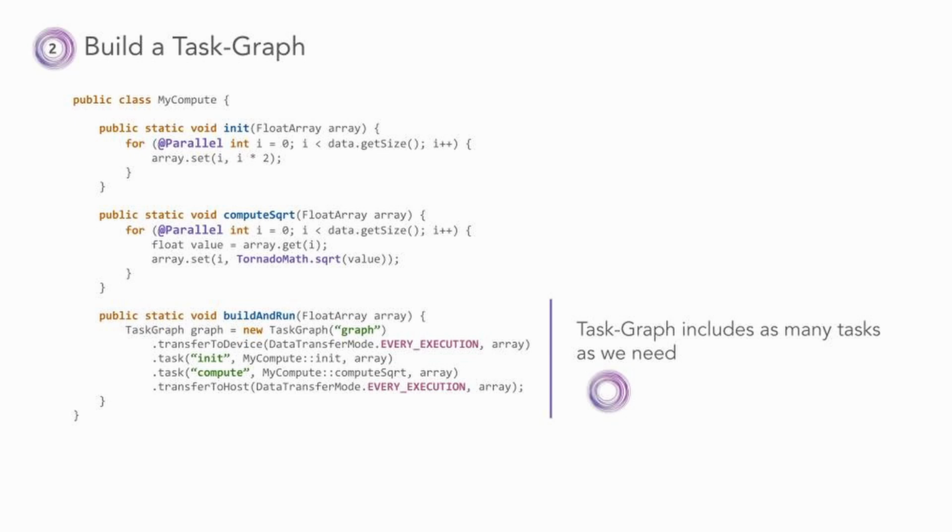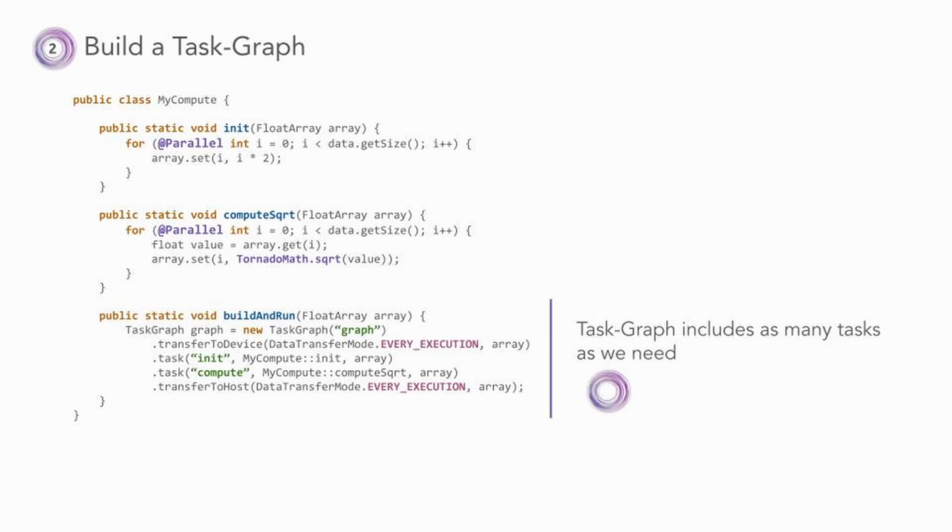And in between, we have two sets of calls, let's say. One is transfer data, and the other one is task. Let's start with the transfer data. The first one we see is transferToDevice. What does it mean? With this API call, we define all objects that need to be copied to the target accelerator. We also define a mode for each of the objects.